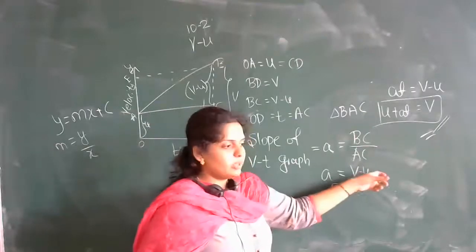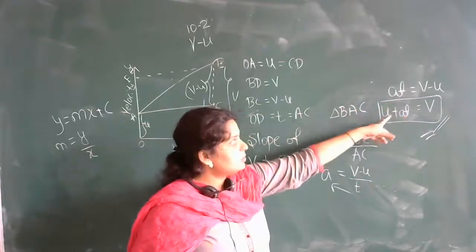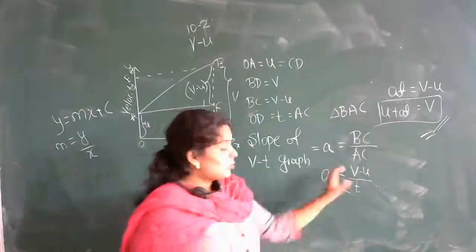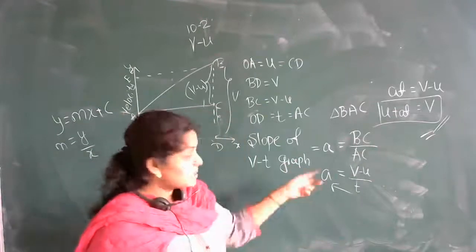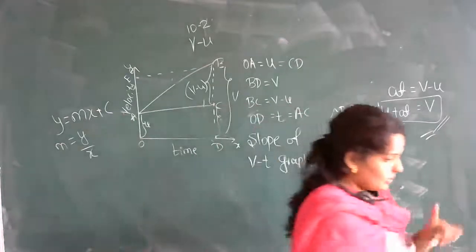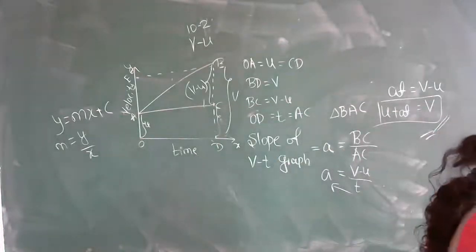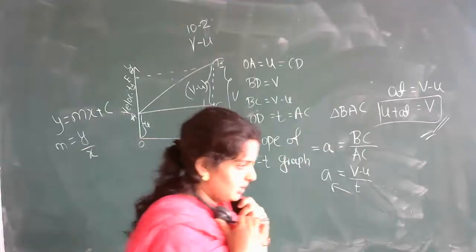A is equal to V minus U divided by T, therefore AT is equal to V minus U, then U is equal. Note down properly, because I'll ask some questions in the next derivation. It is related to the next derivation. Just 1 minute I'll give you, just copy this down.